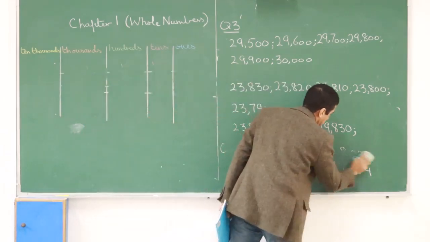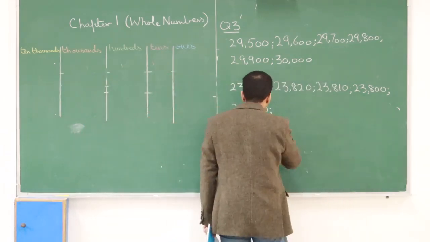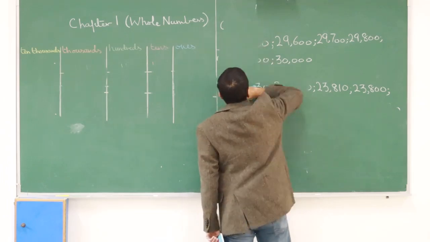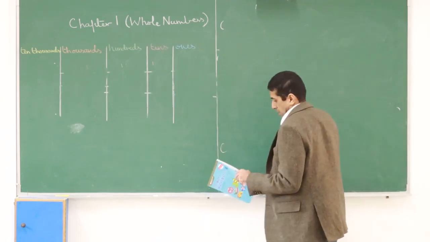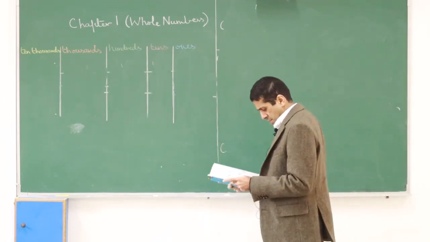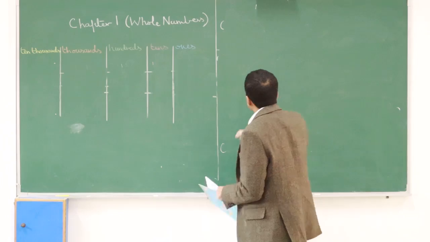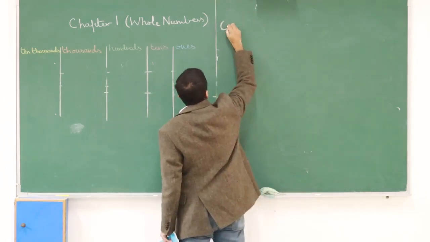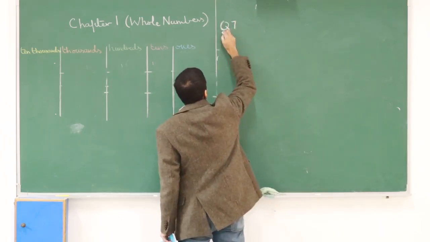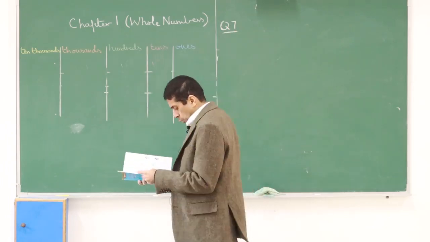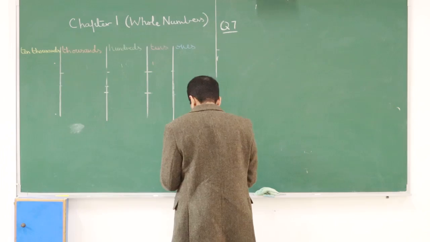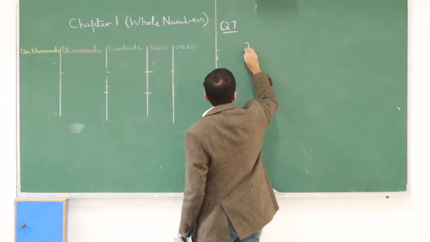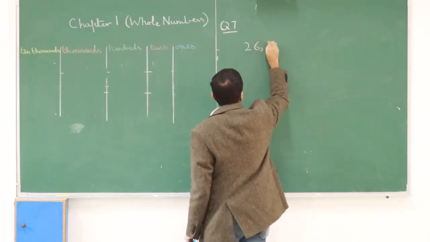Okay, so let's try something else. I find question number 7 to be a bit more interesting. 26,345 is how much more than 26,000?